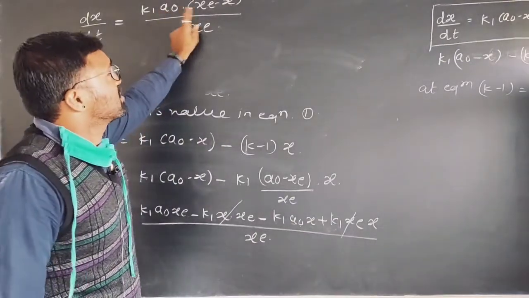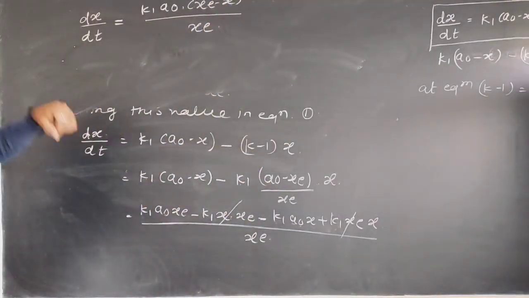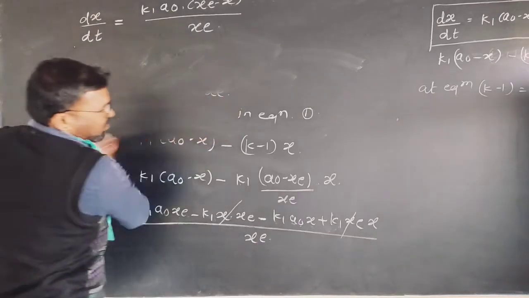These things are constant. This x is nothing but the amount of reactant reacted to form the product with time. That means x is a variable.